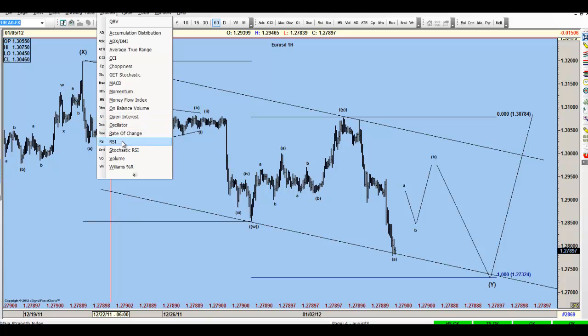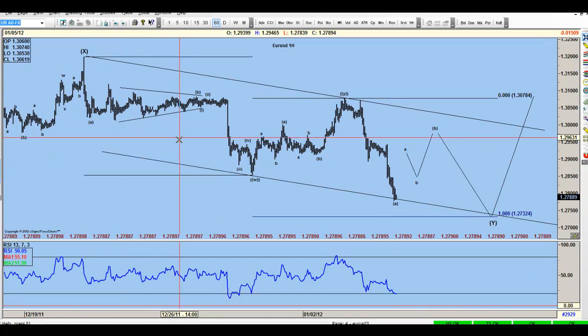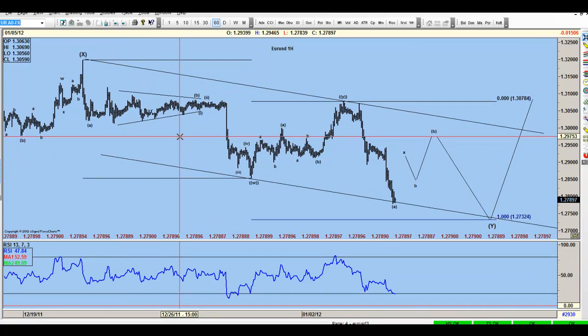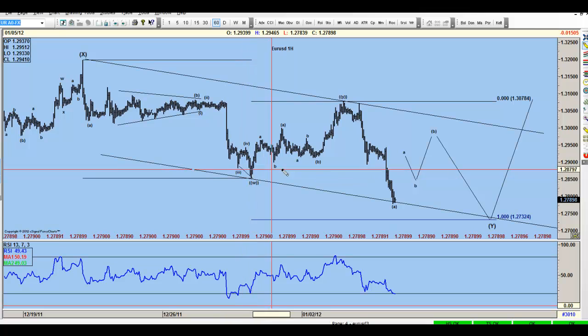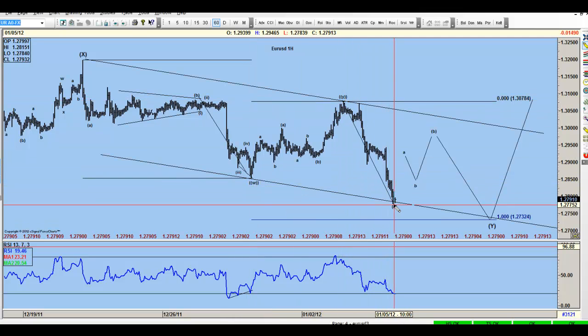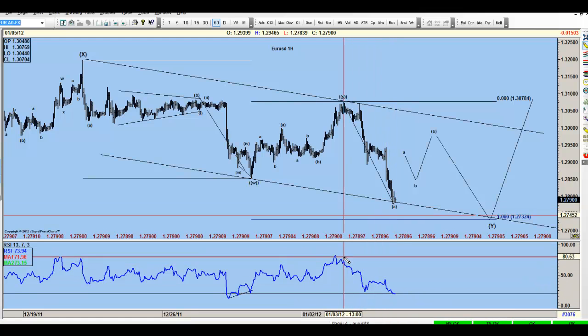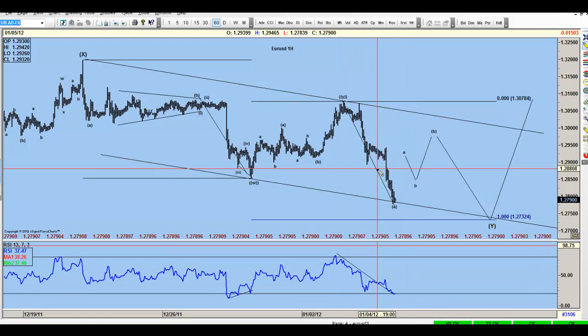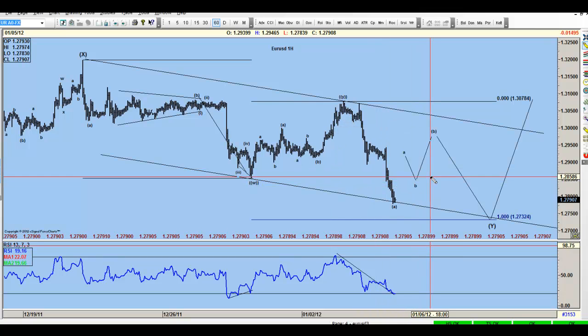Now, I'm going to put the RSI on for you guys. You know that as a tool that I use a lot. If you take a look from here to here, there is divergence, but the divergence that we see right there is the divergence within the C wave of the W. Now, the move from here, they have not printed a single peak of divergence, leaving us with 2 alternative scenarios.